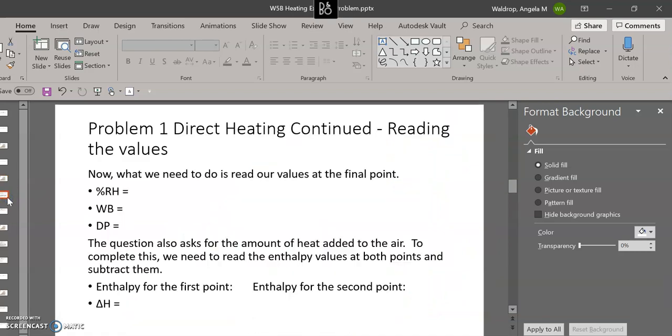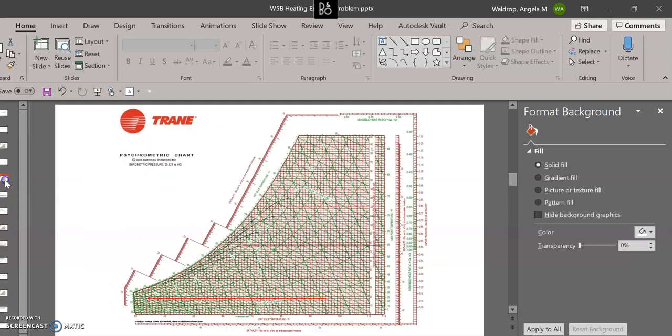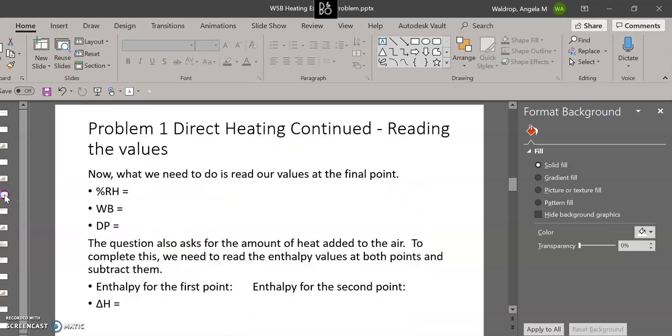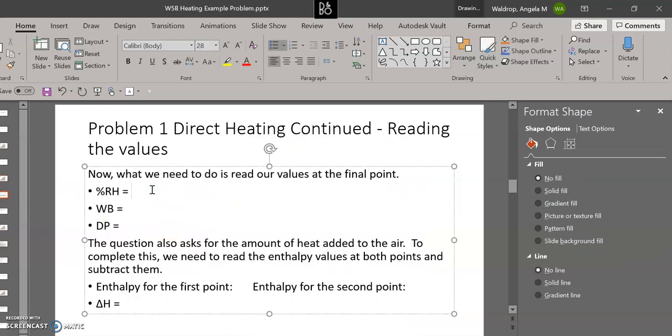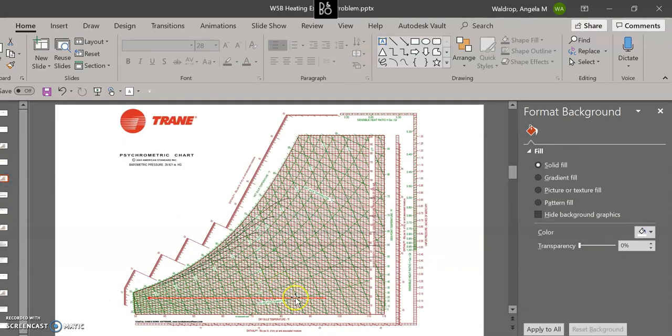Now we need to read our values from the final point. You can do this in the PowerPoint yourselves, but I'm going to read the values from this final point and type them into this PowerPoint slide. The relative humidity is kind of difficult because it's below that 10% curve.